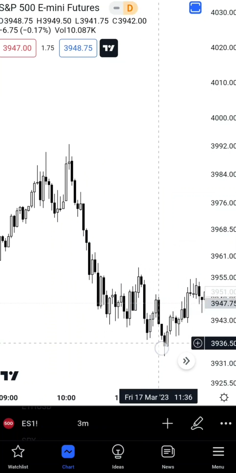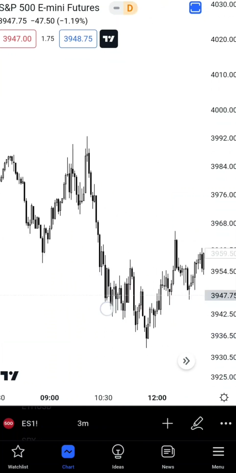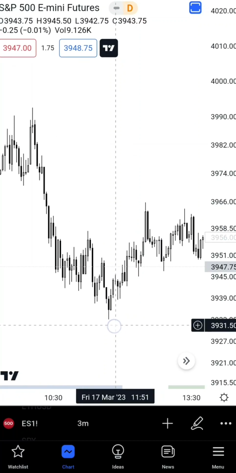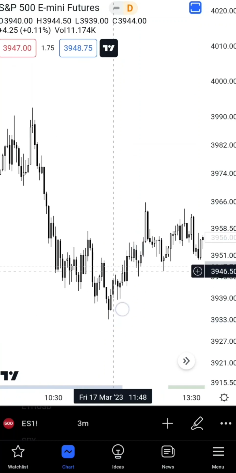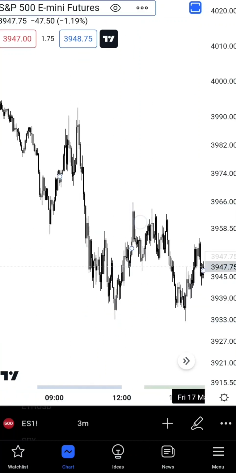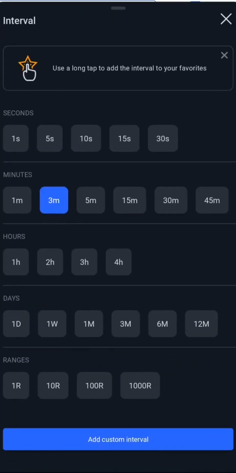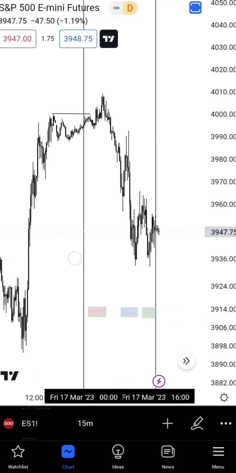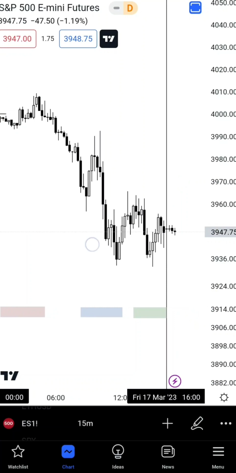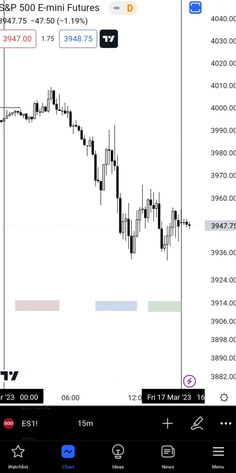into 12 p.m. And then at 12 p.m. it marked the low of the day. This is an example of a classic sell day, a super classic sell day.